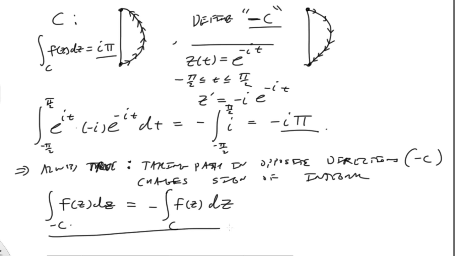So this turns out to be just a nice convenience formula if you're taking integrals. So perhaps you want to take this integral, but it's just conceptually more simple to go in the opposite direction. Just slap a negative sign when you're done, and it's the same as doing that.